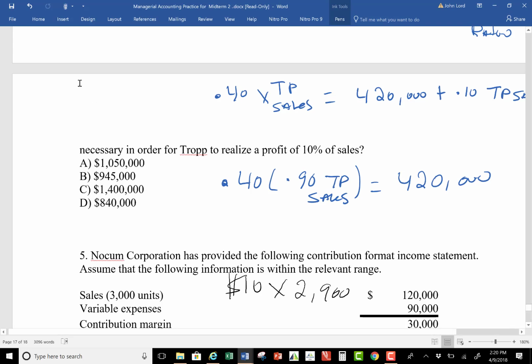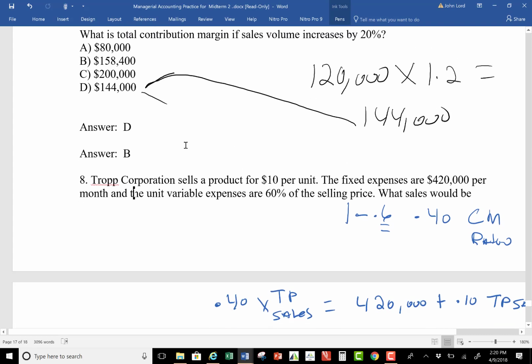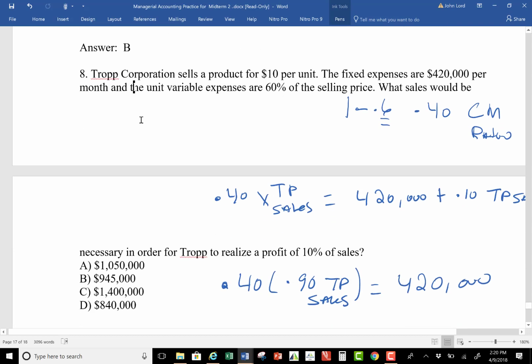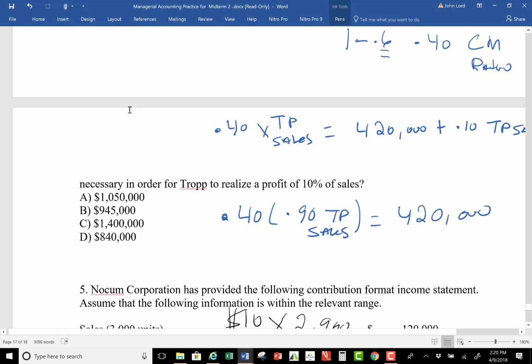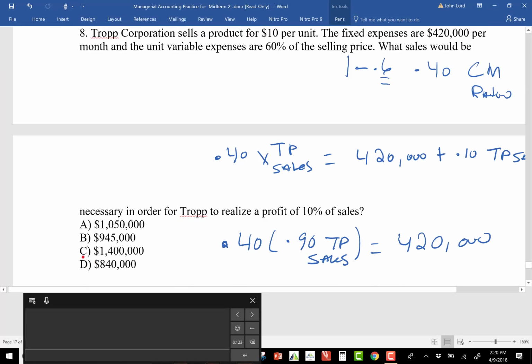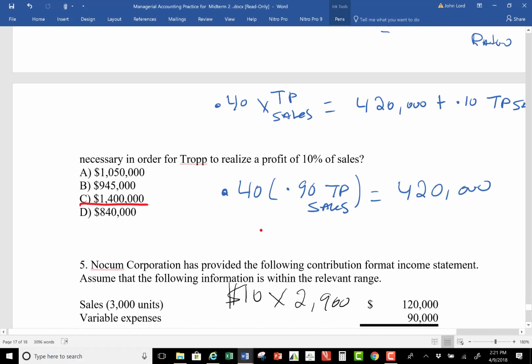Oh, because it's on the top. I think it says answer B. Okay, I guess that means that one. Okay, so the answer is C here. Okay, so we're done?